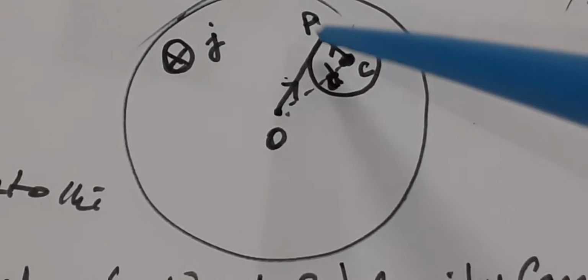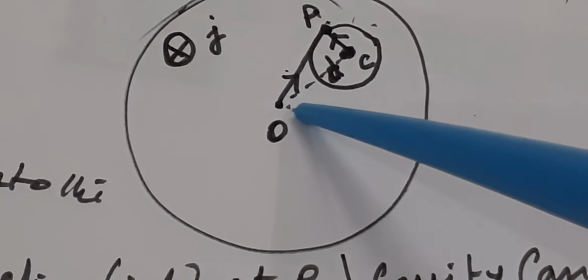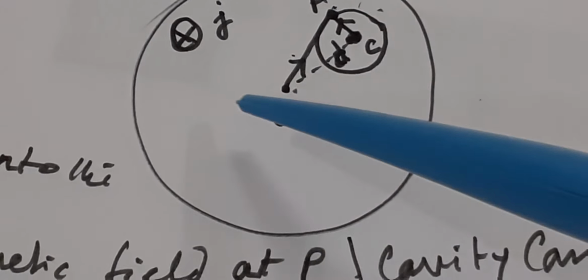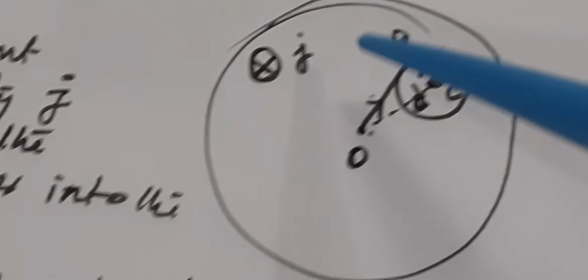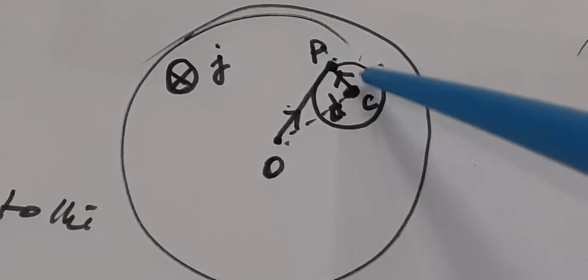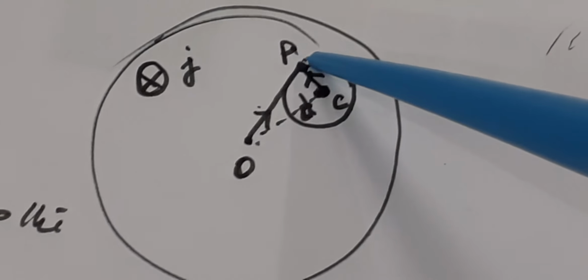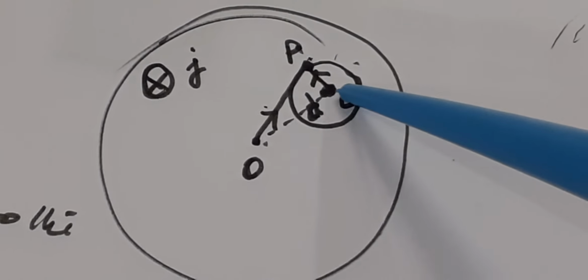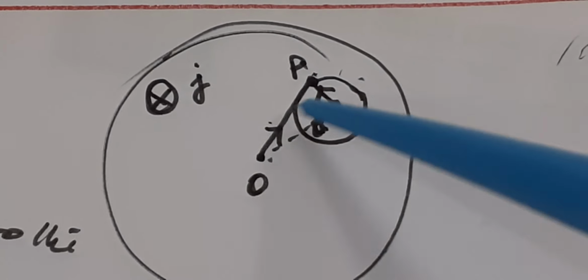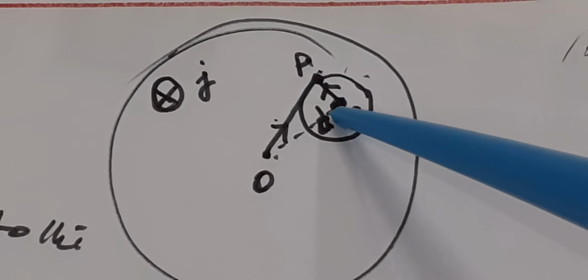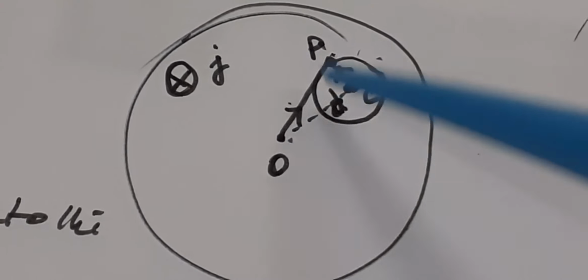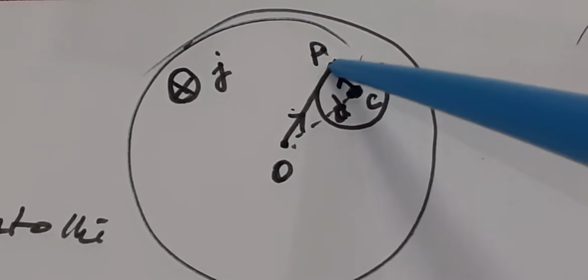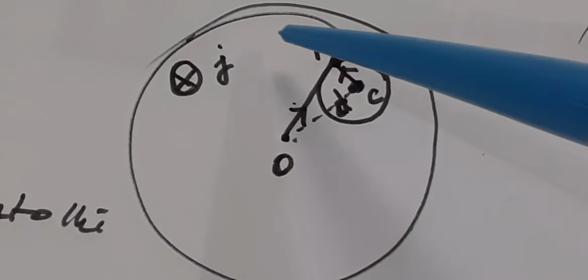So OP vector minus CP, because PC plus this vector will give this one. Now OP minus CP has come, because this direction is reverse, so minus will be there.